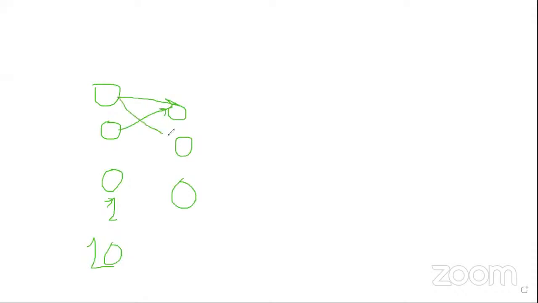Suppose this is your input layer, which has some 10 neurons in it. And this is your first hidden layer, which has 16 neurons, as we have taken currently. All the input neurons will be connected to the first hidden layer in this manner, that is, densely connected.